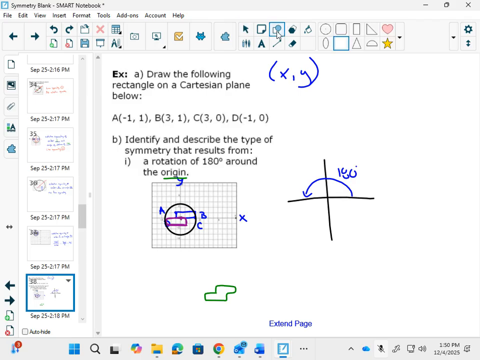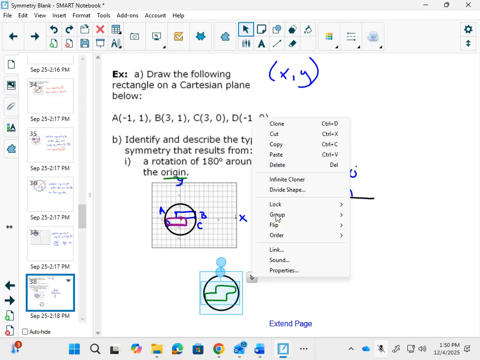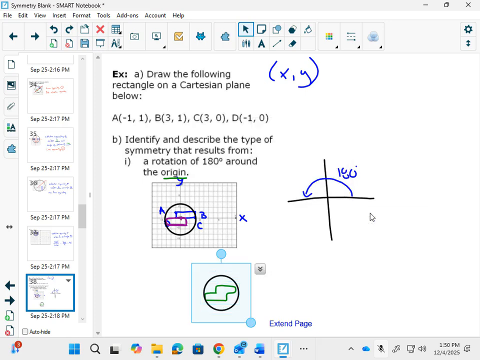I think it's going to have rotational symmetry. Does it make sense that if you go around 180 degrees, it's the same shape? Here is the original, rotated 180 degrees. Our new shape has rotational symmetry.